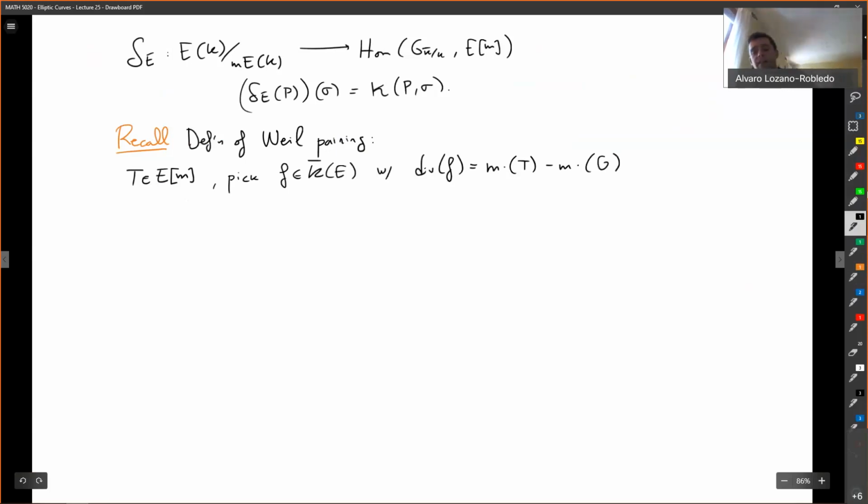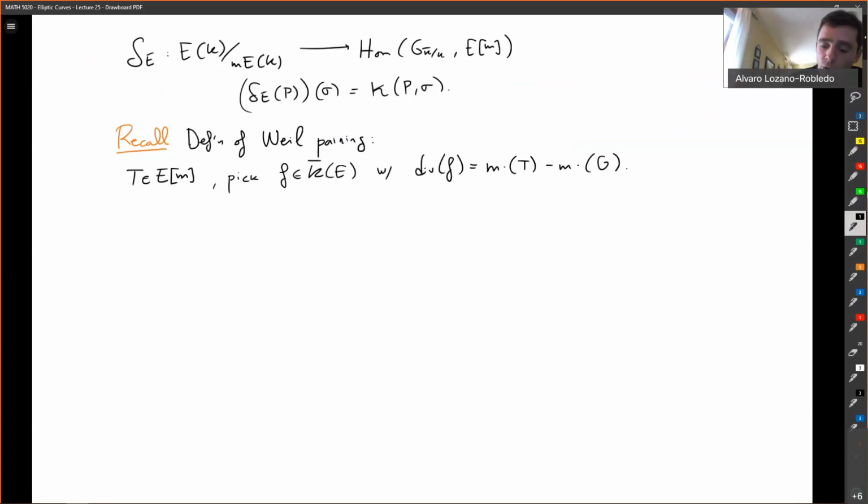That divisor is a divisor of degree 0, and when you add those points together, they give you 0. With m times (T) minus m times (O), it's 0. Therefore, it corresponds to the divisor of a function.